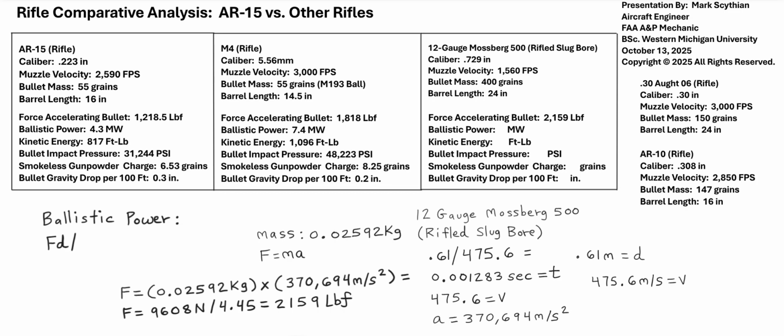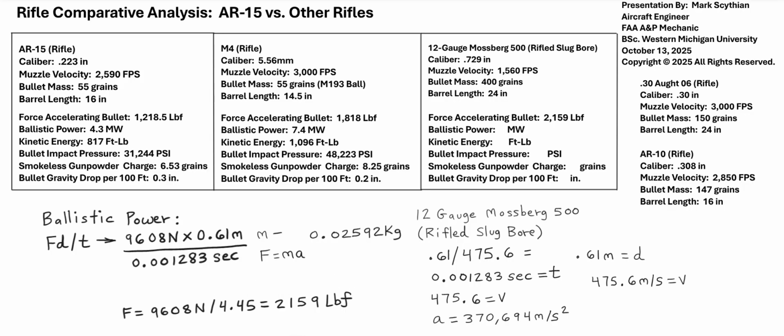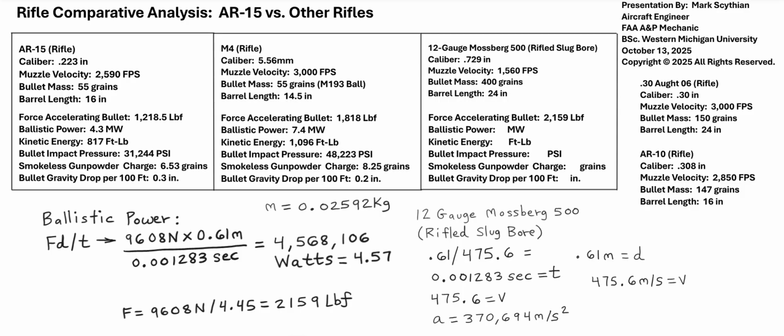But we want to see how much actual energy it's going to carry through the round compared to the M4 AR-15. So again, we have the ballistic power, which is a little more relevant to when you're building the barrels. If the ballistic power is within tolerance to the barrel structure, or I'll say the barrel integrity with respect to the ballistic power, that is a key component.